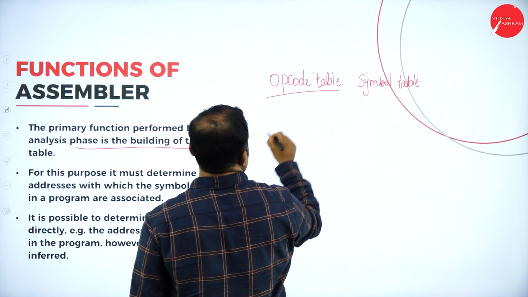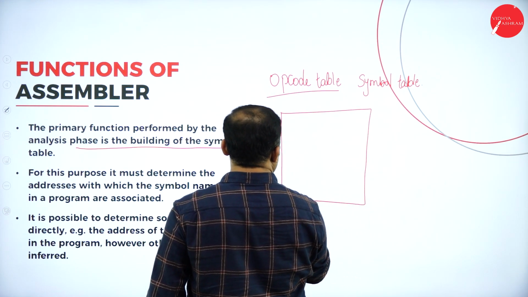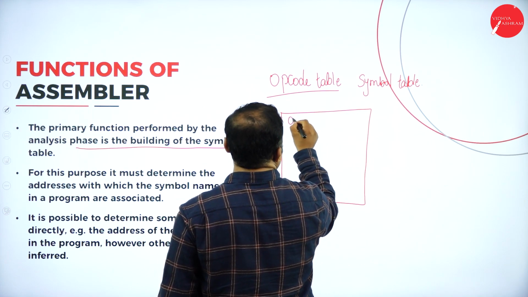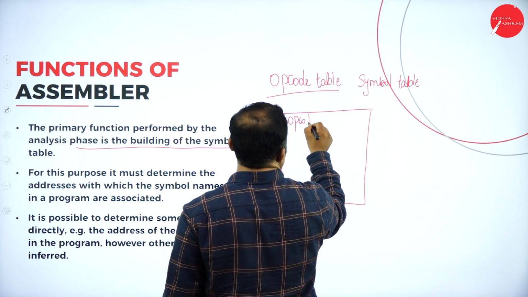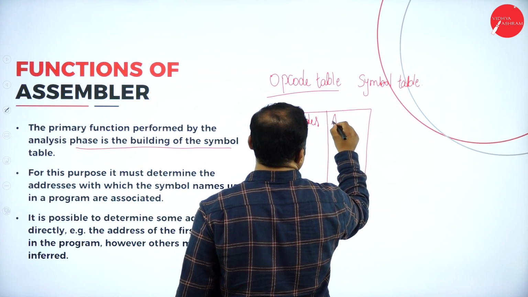In case of opcode table, we will be having two fields. One is the operand, that is the opcodes used. Then the other one is addresses.